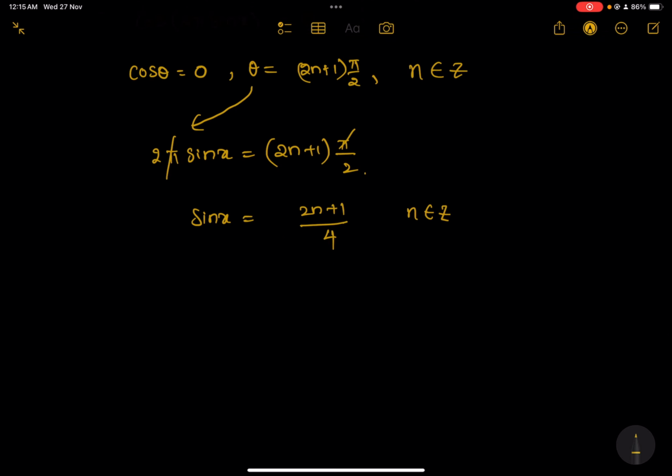Now if we put n equal to 0, sin x is equal to 1/4. When you put n equal to 1, that is 3/4. When you put n equal to 2, that is not possible because it becomes 5/4, which is greater than 1. Let us put n equal to minus 1. Then it will be minus 1/4. And when we put minus 2, that will be minus 3/4.